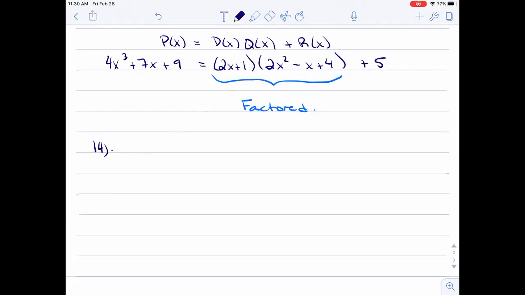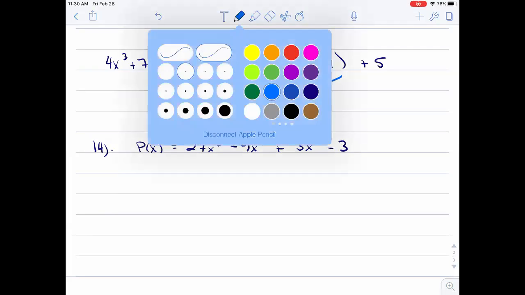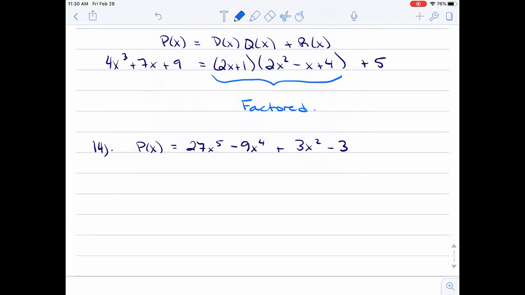Looks like they are. If p of x is 27x to the 5 minus 9x to the 4 plus 3x squared minus 3, one thing that I will do while it's still fresh in my mind is write out the expanded one with all of the x's.